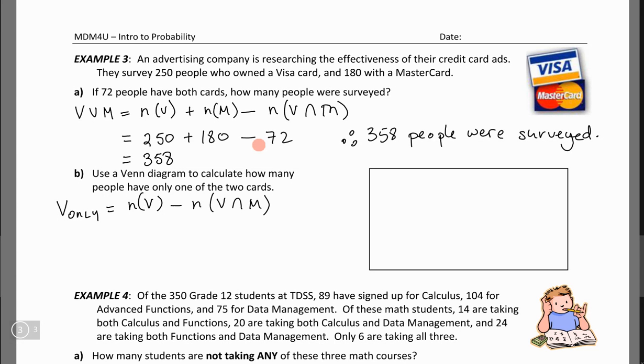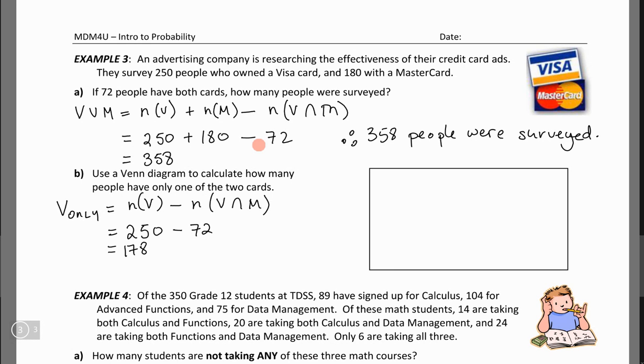So you don't want to include those who have a MasterCard, even though they already have the Visa. So we have 250 people on the survey who said they had a Visa, but you also have to take away the 72 people who said that they had a MasterCard as well as their Visa. So that's going to be a number of 178.